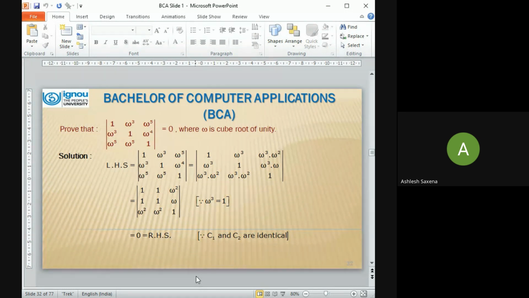Later on, wherever it is, split it. Omega 4 can be split as omega cube into omega. And omega 5 again can be split as omega cube into omega 2. Omega cube is 1. Okay, omega cube is 1, so it will become 1, omega square, 1, omega, omega square, 1.